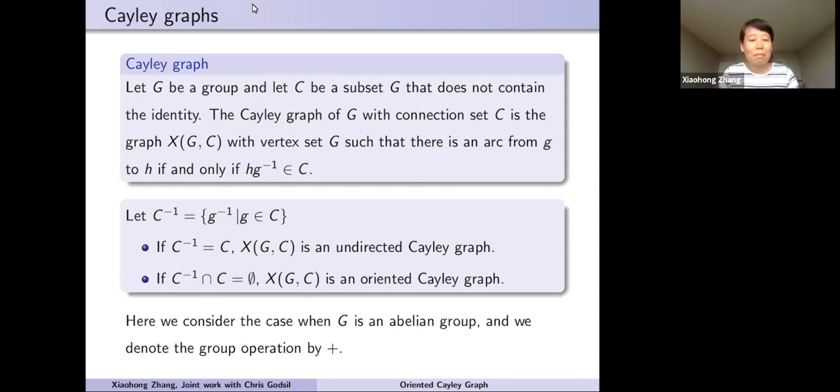In this talk, we will focus on abelian groups, and for the group operation we will use summation or addition. So instead of C inverse, we use -C, and instead of g inverse, we have -g.